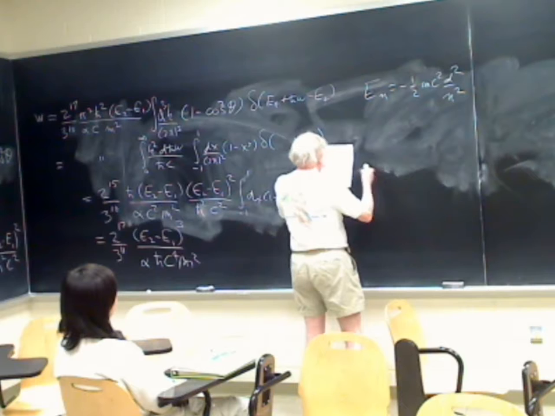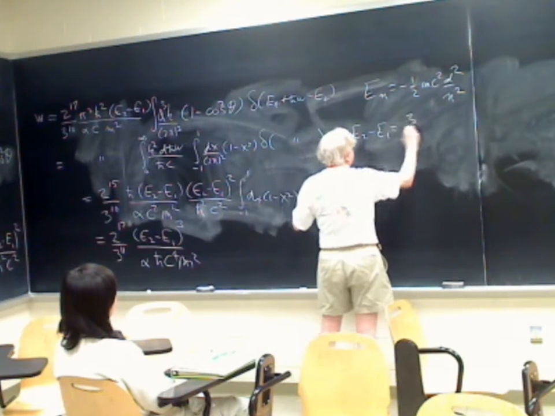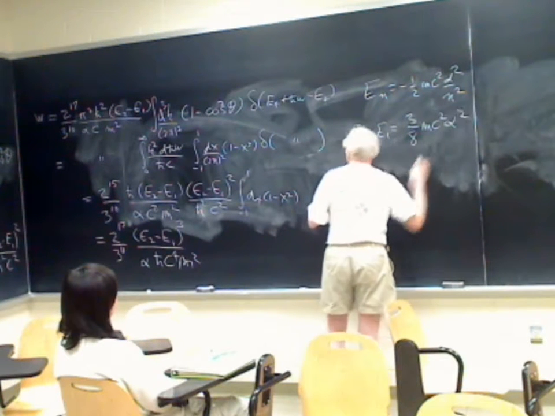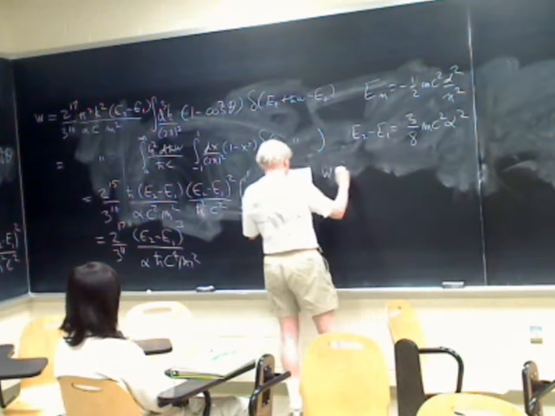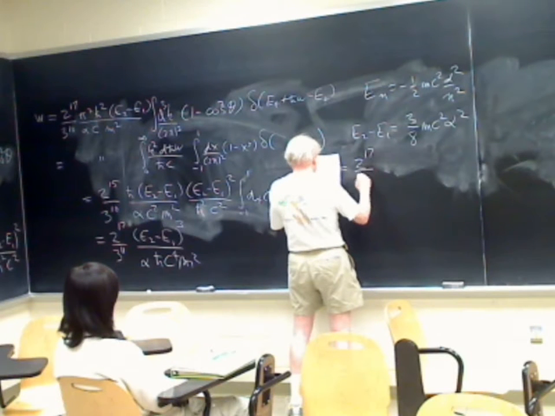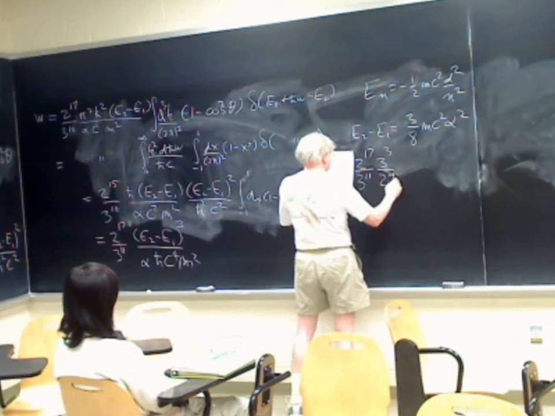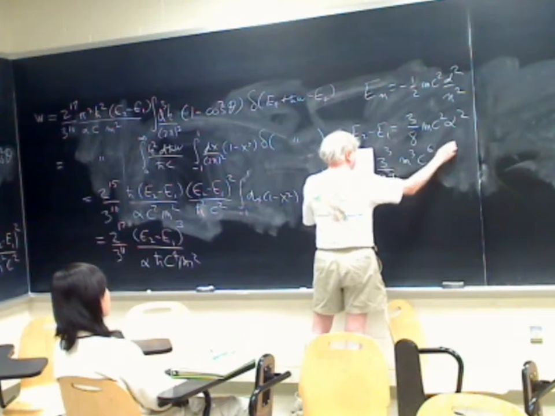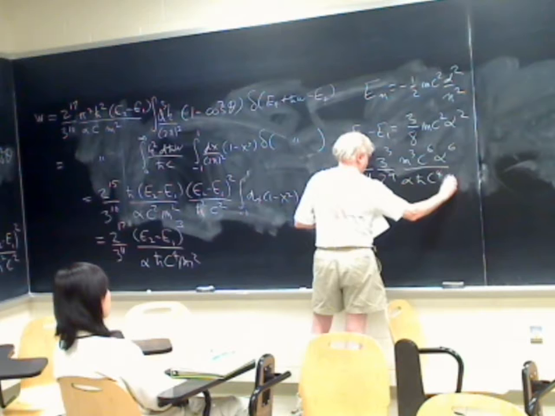All right, so then E2 minus E1 turns out to be 3/8 mc squared alpha squared. And that gives us a final formula for the rate, namely, well, our penalty variable, 2 to the 17th over 3 to the 11th, 3 cubed over 2 to the 9th, m cubed c^6, alpha to the 6th, over h bar c to the 4 m squared.